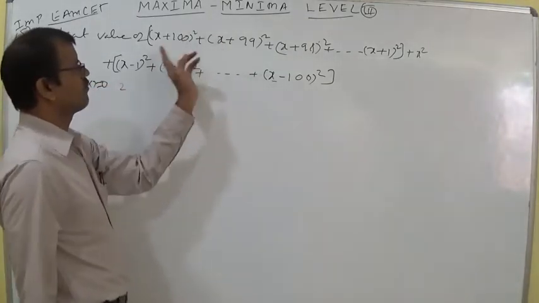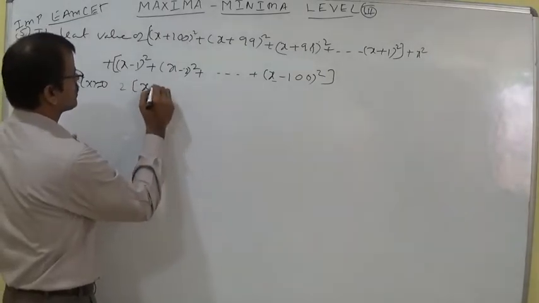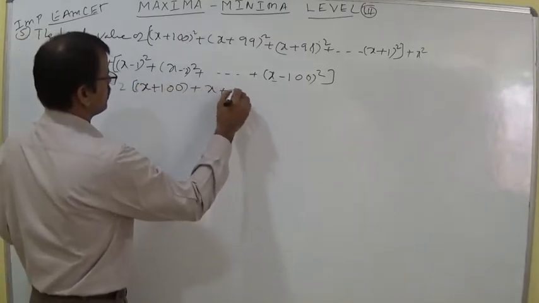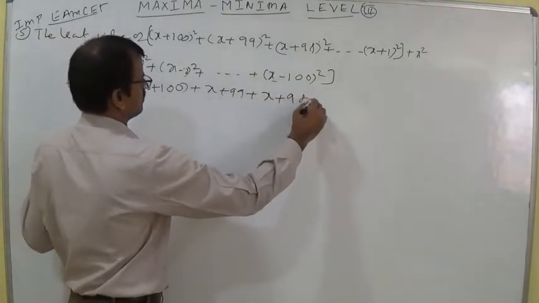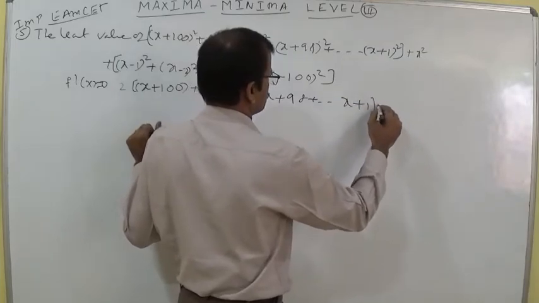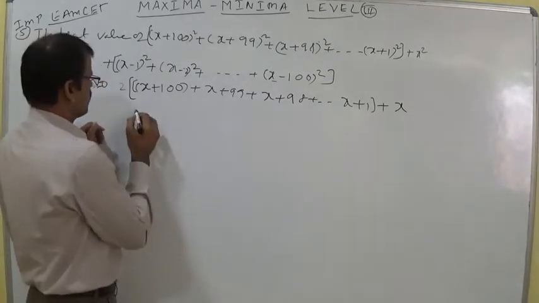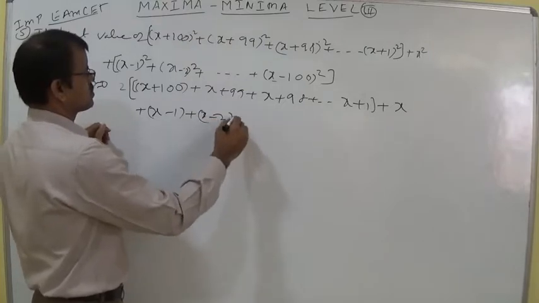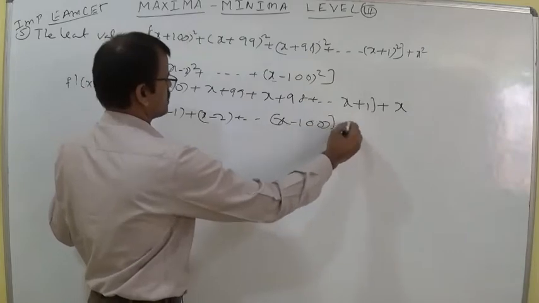The derivative, this is of the form x², derivative 2x, so you can write 2 times (x + 100) + (x + 99) + (x + 98) plus so on, at last (x + 1). This is a group, plus the next. Total 2 you can take common. Plus (x − 1) + (x − 2) plus so on, (x − 100) is equal to 0.